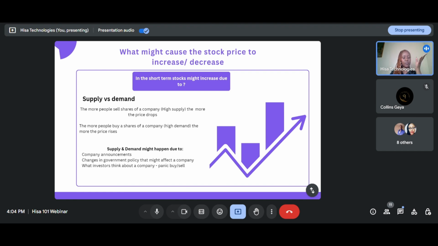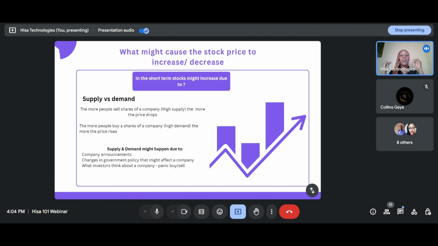The same thing we saw with I&M yesterday after the announcement. The company was at around 24 shillings, but by the end of the day, the company was at 29.5 shillings. So the more people buy it, the higher the price. The more people sell, the more the price falls. It is as simple as that.